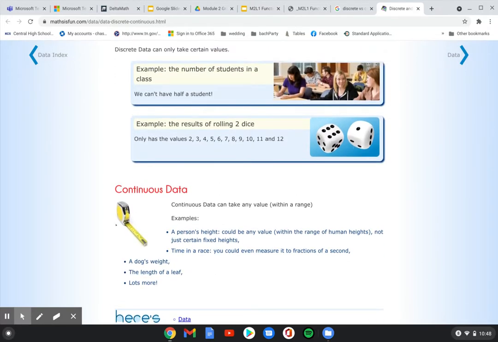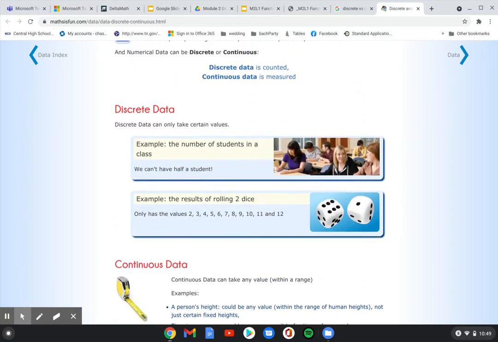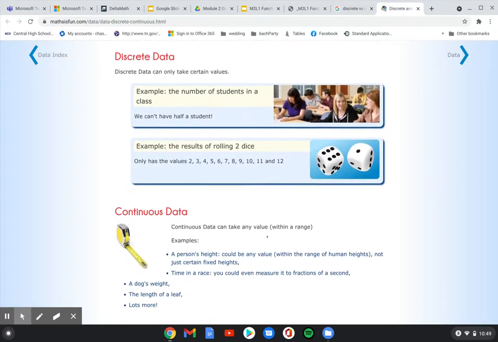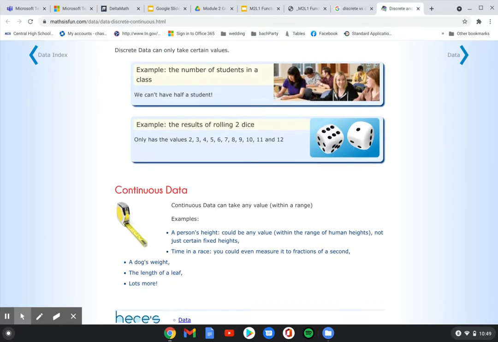Continuous data is a range, so it goes on. You can have infinite points in there. Discrete data just takes certain values. Right here it says values 2, 3, 4, 5, 6, and so on. You can't have anything in between that. You can't have like 9.5 or 5.8.